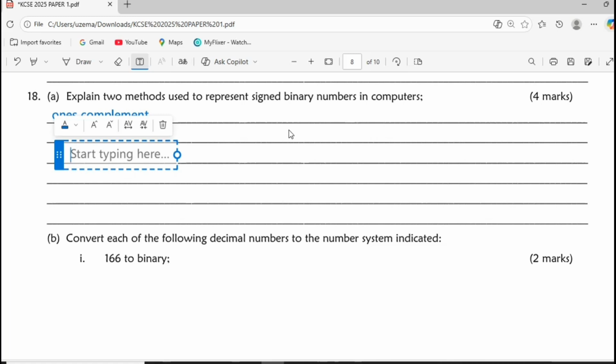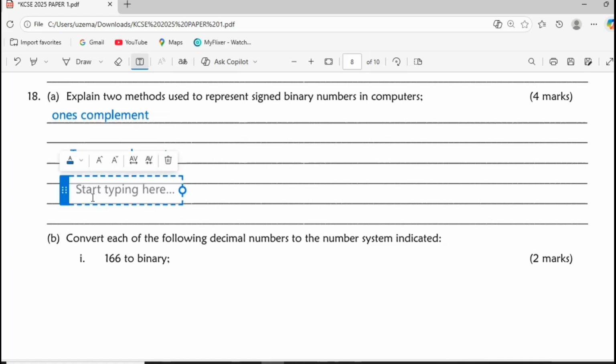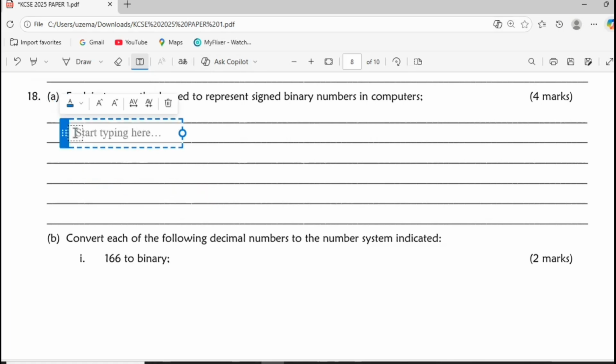When you're talking about signed binary numbers, these are numbers that are either positive or negative, and you can represent these numbers using either 2's complement, 1's complement, and also using sign and magnitude. Those are methods that you can use to represent signed binary numbers.